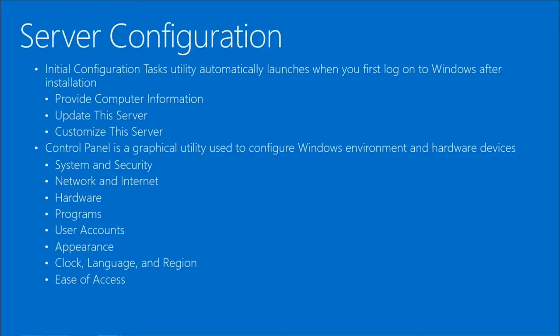Once the information's already done and the computer is set up, you can go into Control Panel to manage these settings after it's already set up. System security, network and internet, hardware, programs, user accounts, appearance, clock language and region, ease of access. These are the areas that you can configure on the server.